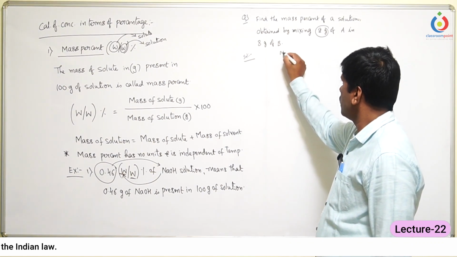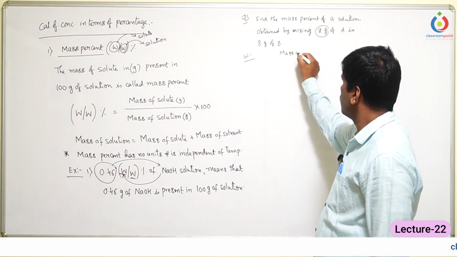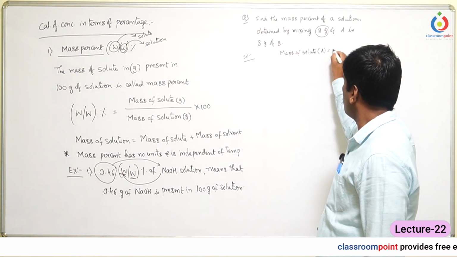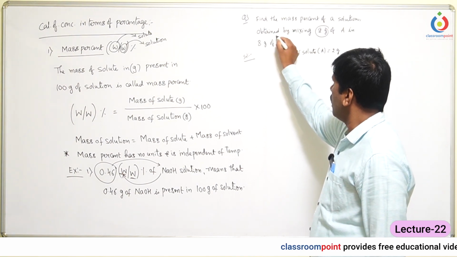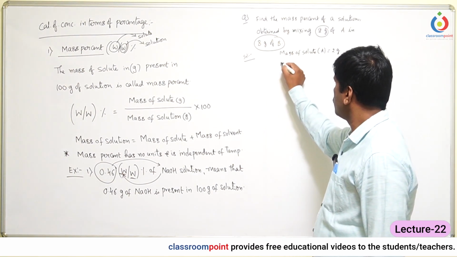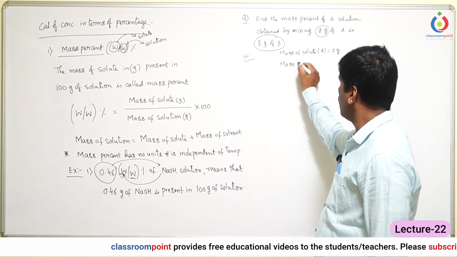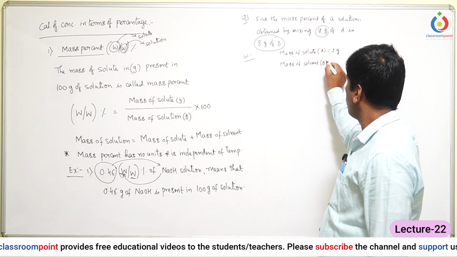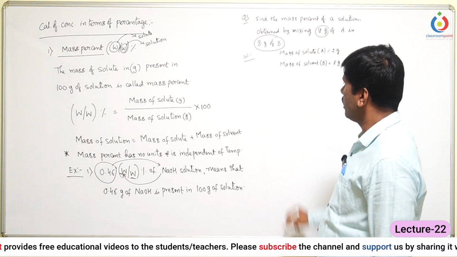So the mass of solute, A, is equal to 2 grams. The larger quantity substance is always called the solvent. So the mass of solvent, B, is equal to 8 grams.